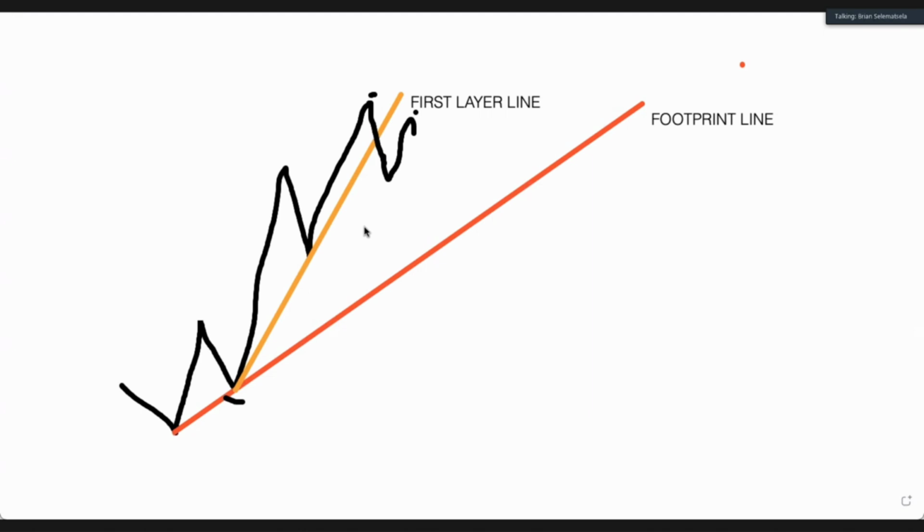And from there, you just have to wait for the crossing over. But immediately when you go to 15 minutes, you'll find that the stochastic hasn't supported a sell.